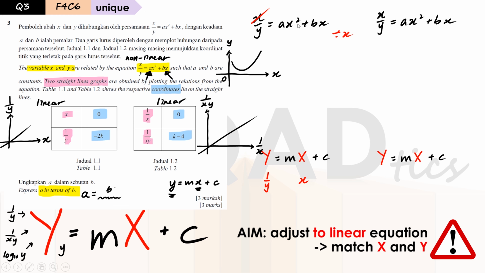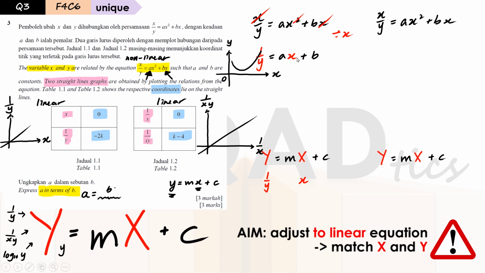One of the two x here will disappear also, so let me cross off the 2. And here for the bx, the x will also disappear. So it will have 1 over y equals ax only plus b. Right, so if you compare these two things, actually this equation has already fit the criteria, right? Because the left side is 1 over y only, and the right side here we have x.